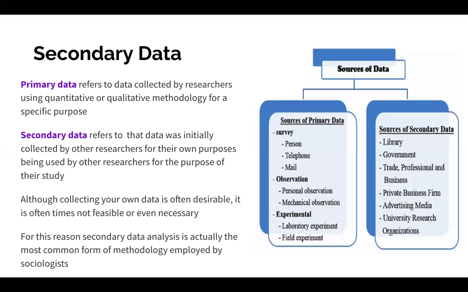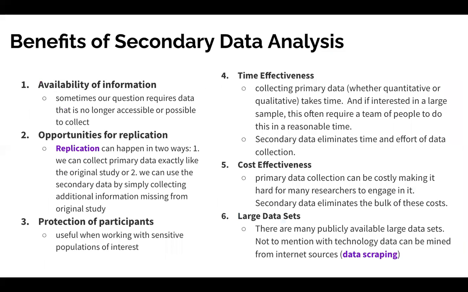Additionally, secondary data can also be used to contextualize and supplement your own primary data. Sometimes you will collect your own data, particularly for people who engage in qualitative methodology, and then you will supplement it using secondary data. This is a very common way that people engage in mixed methods designs in particular.